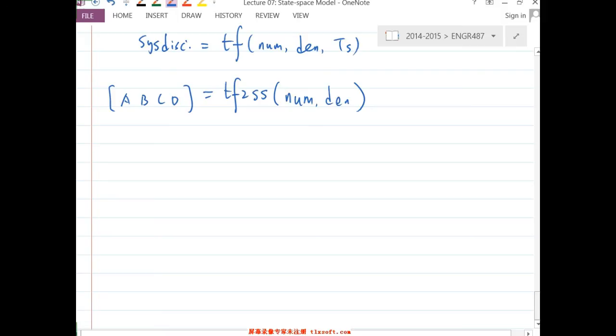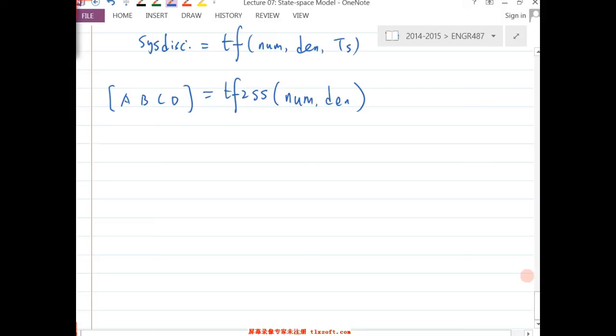Okay. So, still got a little bit of time, so I'm going to show you another type of state space model, just to give you a taste.